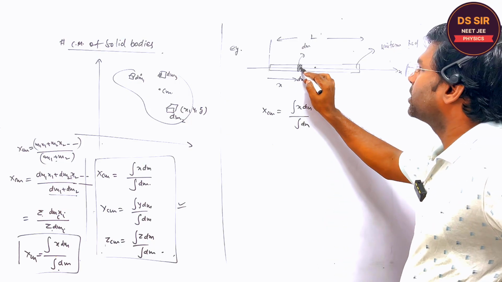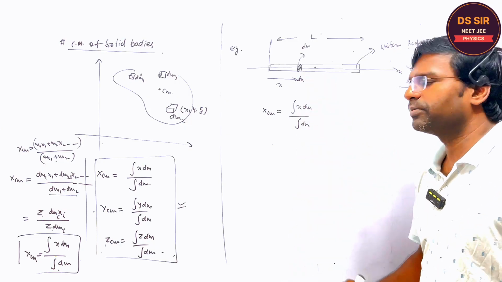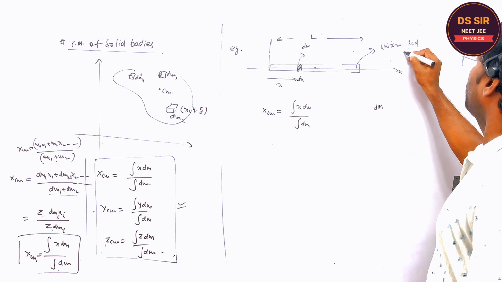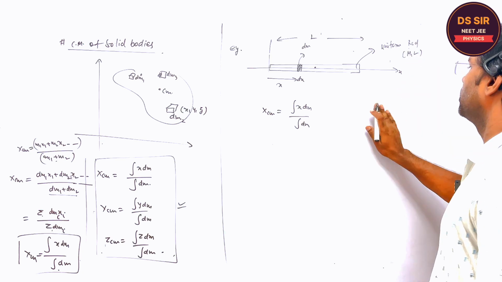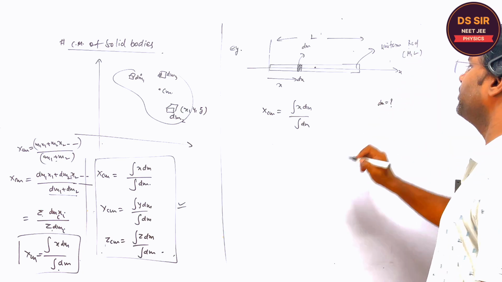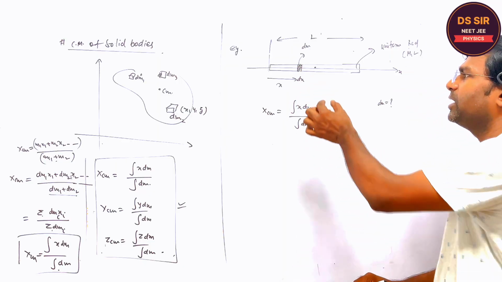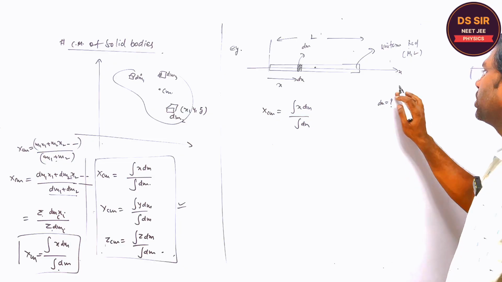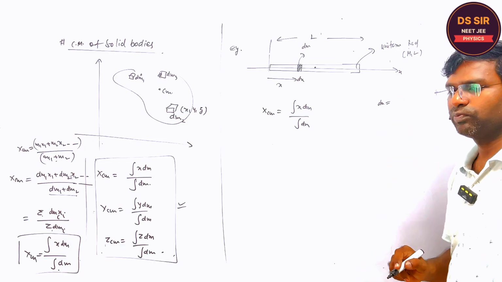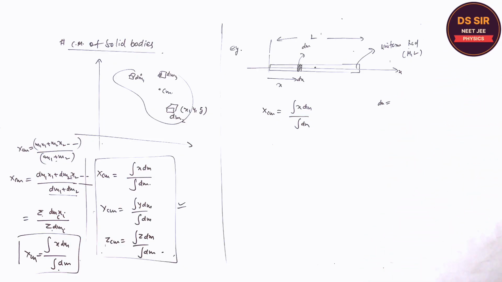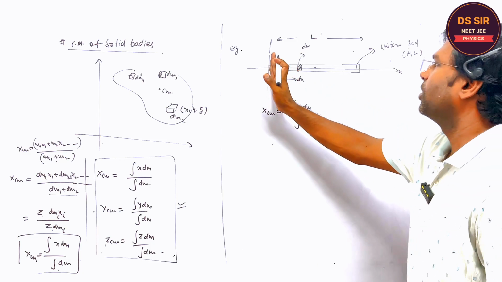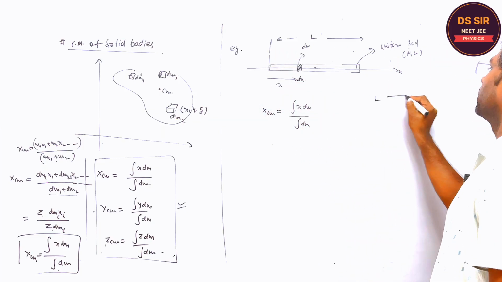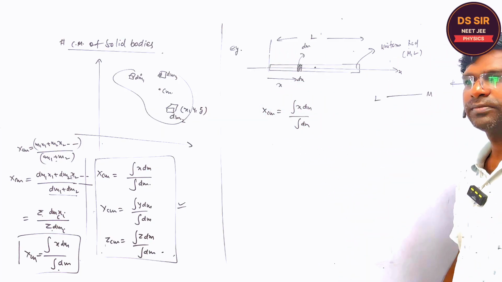Can you write the elemental mass dm in terms of the mass m and length L of the uniform rod? Can you tell me what will be the elemental mass dm of this portion dx at distance x from the origin? Listen, how to calculate this? For the length L, the mass is m.